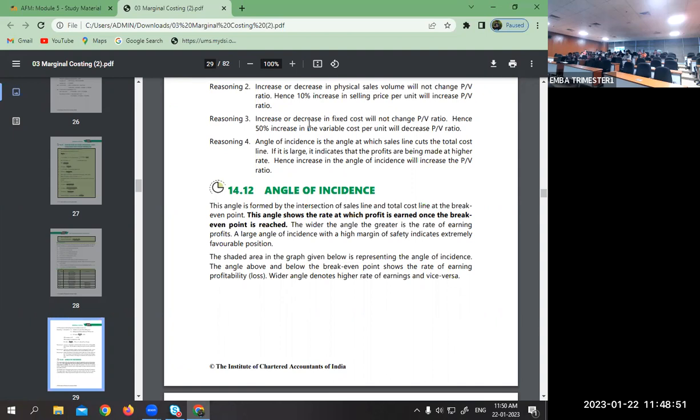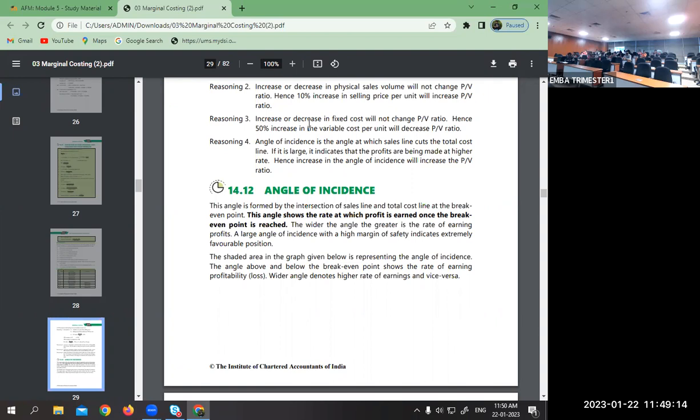I'm not asking that. Very general: closing stock, depreciation, outstanding, accrued. If you know this, you can prepare the balance sheet and the profit and loss account very correctly in the 15 marker also. Both are interconnected questions. The 10 marks is only theory. The application of this with numbers comes in the case study of 15 marks.